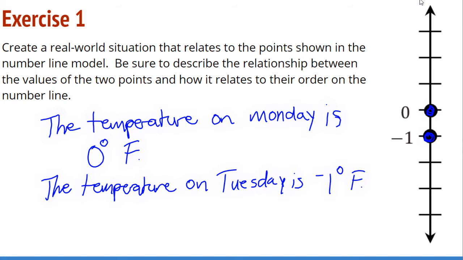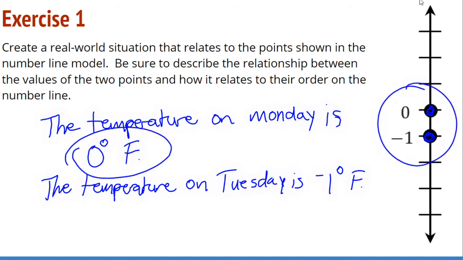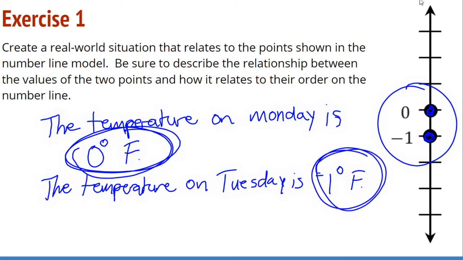So the question we have here is, do I have a situation where I have modeled the relationship between the 2 points? So I have a comparison of 0 degrees Fahrenheit and negative 1 degrees Fahrenheit. I can say that Tuesday was 1 degree colder than Monday.